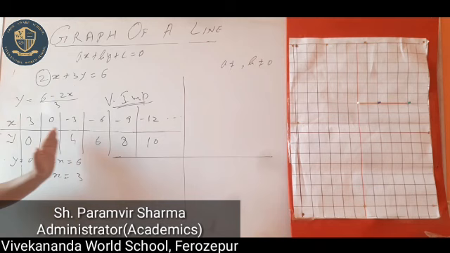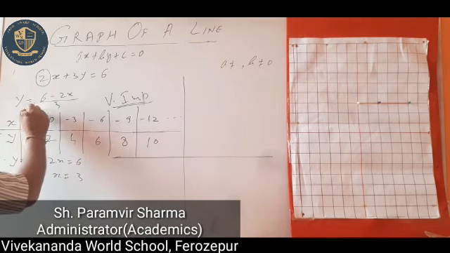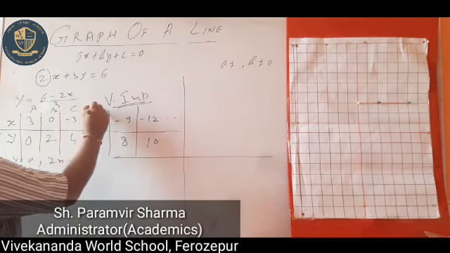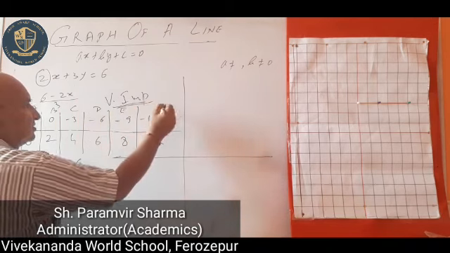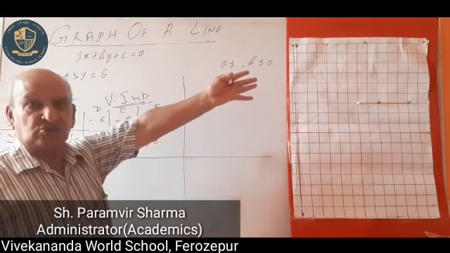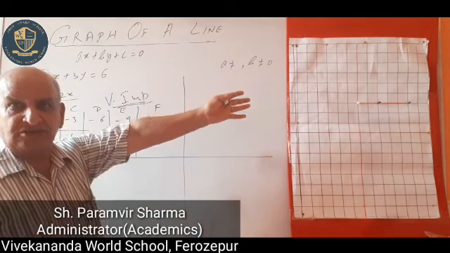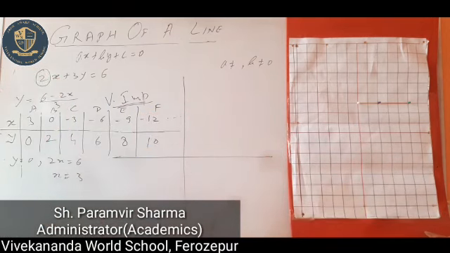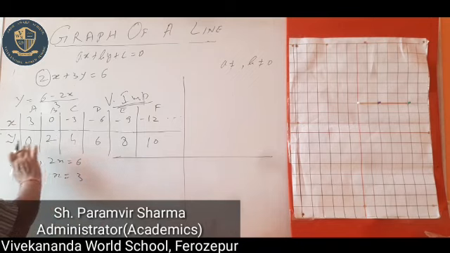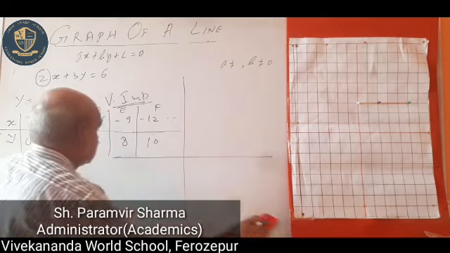Now we have so many points with us, A, B, C, D, E, F, like this, and the process is going on. You can have 100 points. When we are plotting the graph of this line, there is no problem. We will be considering one more case.